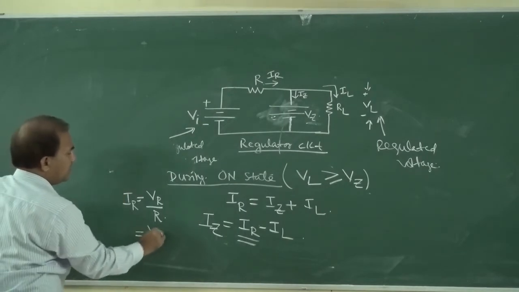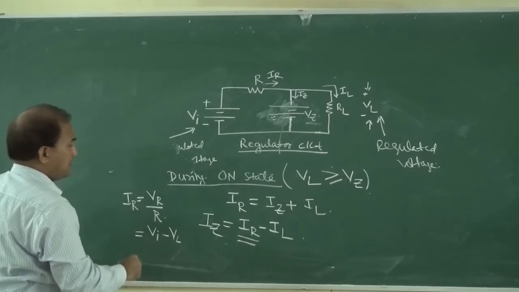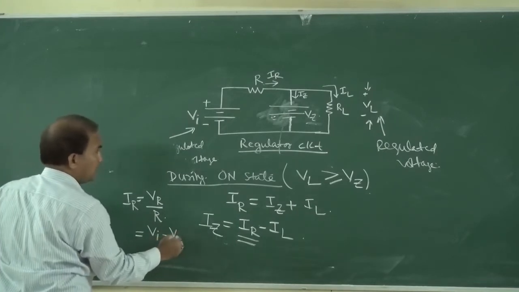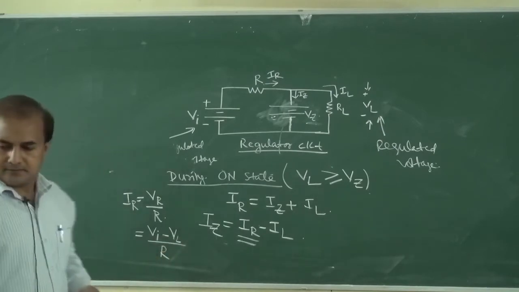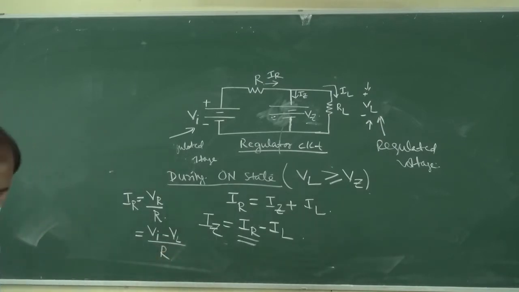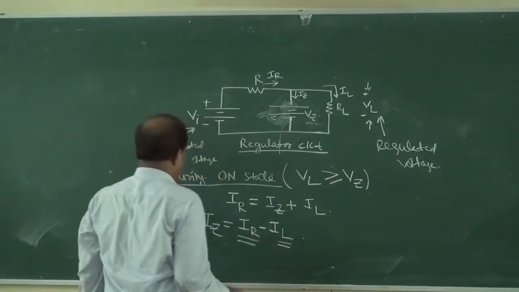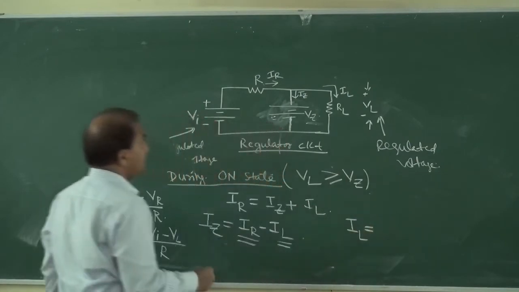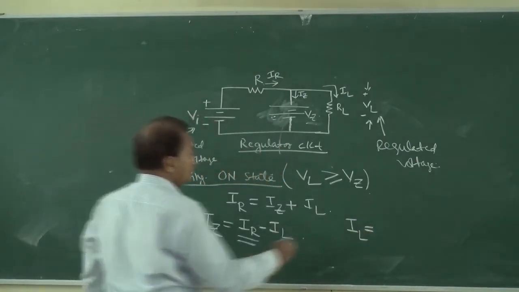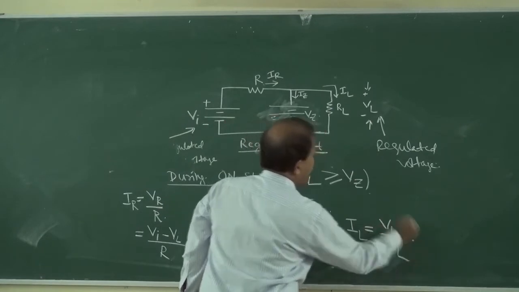It is equal to VI minus VL or VZ, VL or VZ both are same, divided by R. And how we can express IL? IL is equal to VL divided by RL.